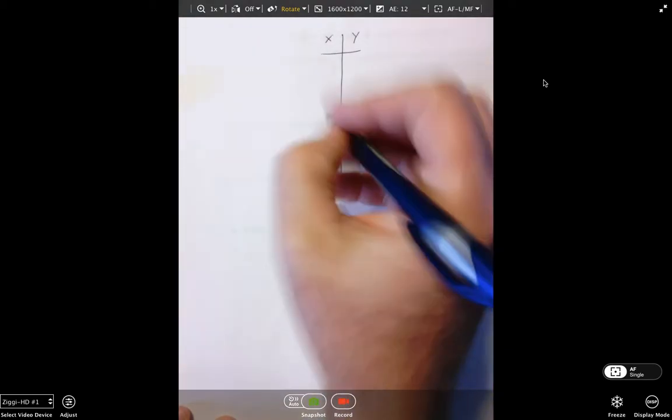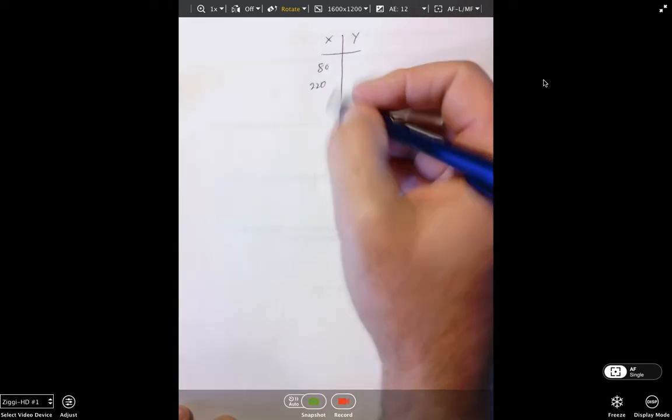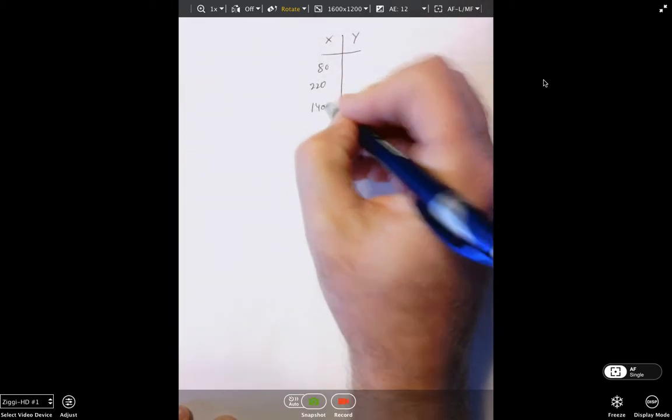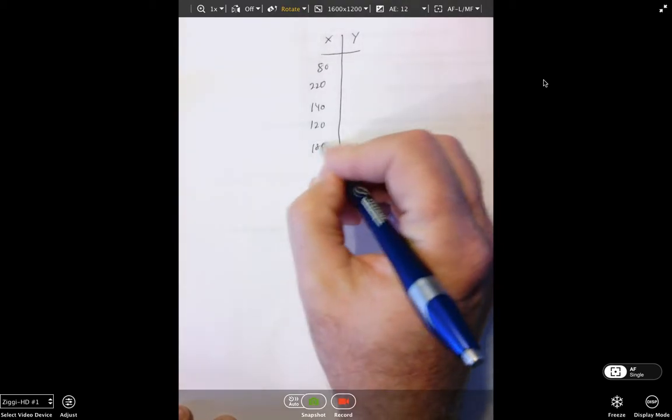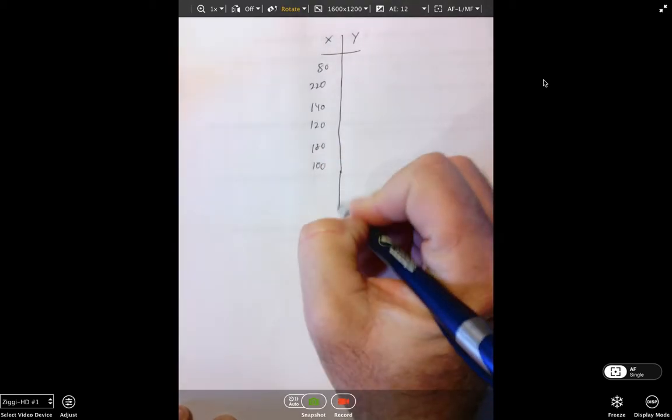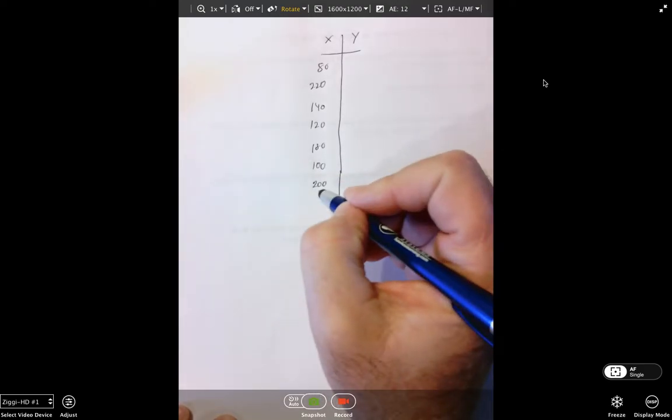We have x values 80, 220, 140, 120, 180, 100, 200, and 160.